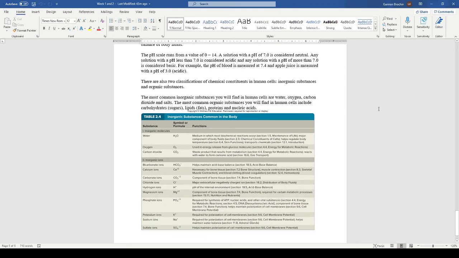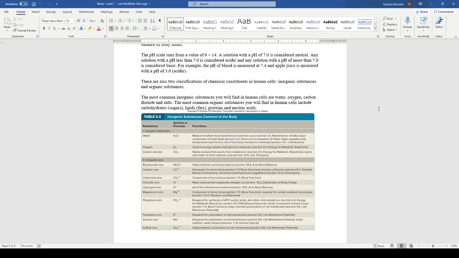One quick thing to note, the pH scale in the body. Okay, so the pH is essentially a measure of acidity. Now, what it really is measuring is the hydrogen ion concentration.